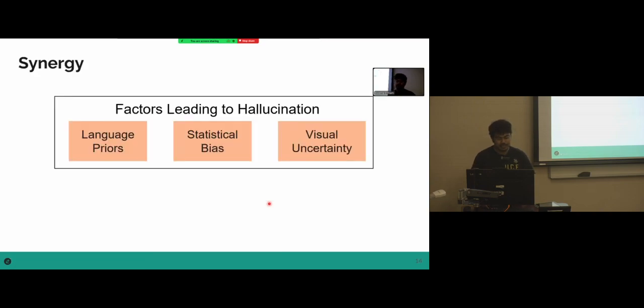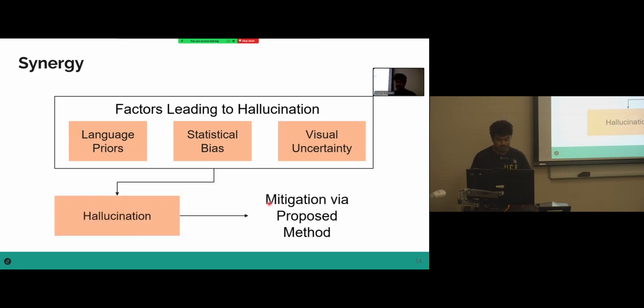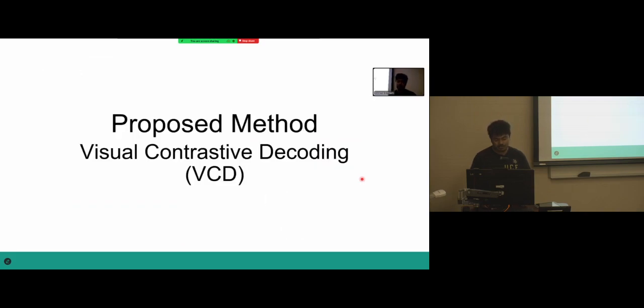For a quick summary, we have three factors: language priors, statistical bias, and visual uncertainty. All these factors create hallucination, which we aim to mitigate via the proposed method. The proposed method is called visual contrastive decoding, also known as VCD.